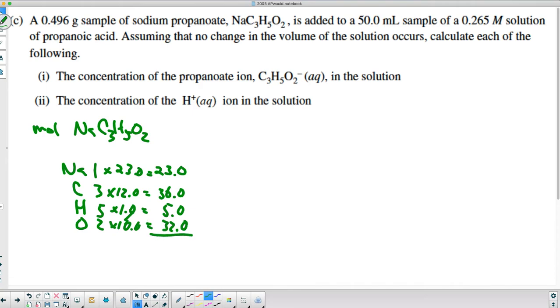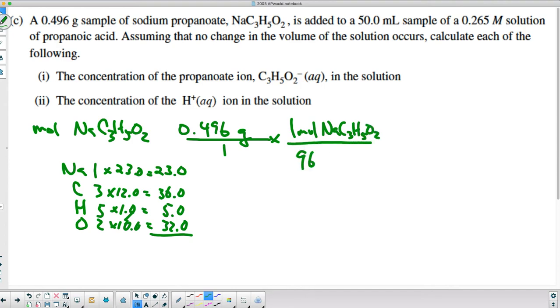When I add all of that up, I get 0.496 grams over 1 times 1 mole of NaC3H5O2 over 96 grams.